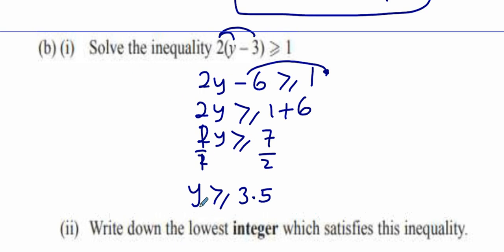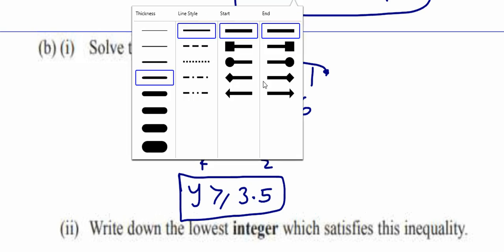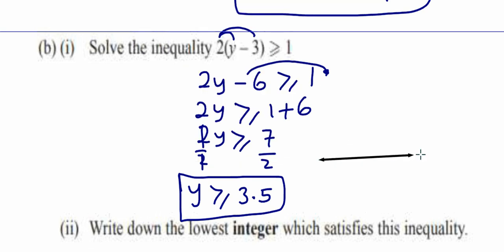Okay, what if they ask you, can you show this solution on the number line? Y is greater or equal to 3.5. On a number line is easy. What you do, pull out your number line, put it over here, and then this inequality says y stands for all the numbers which are greater or equal to 3.5.